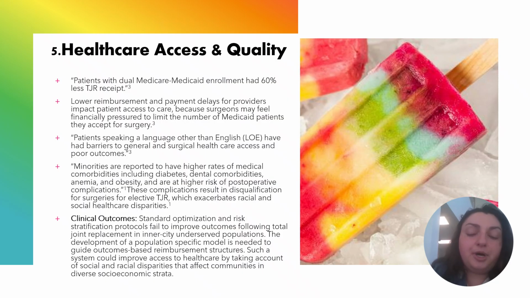So the researchers were arguing that what's needed is the development of population-specific models to guide outcomes and reimbursement structures. And this is needed to improve access to healthcare by taking into account social and racial disparities which are affecting communities in diverse levels of socioeconomic resources and various social strata.